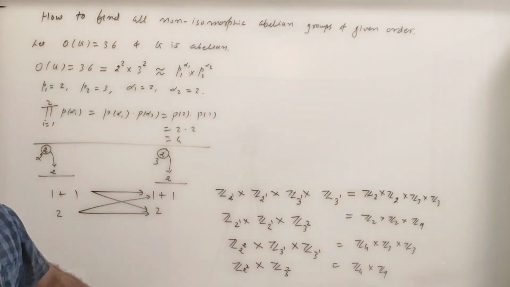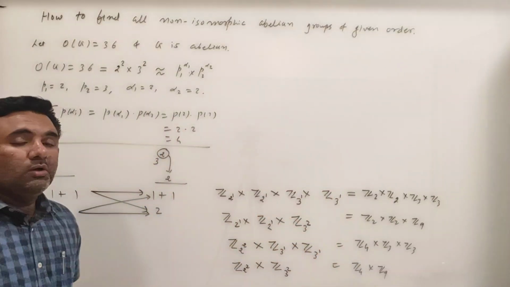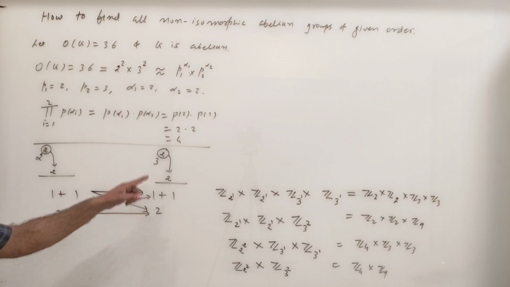So in this way we have these four non-isomorphic abelian groups of order 36.